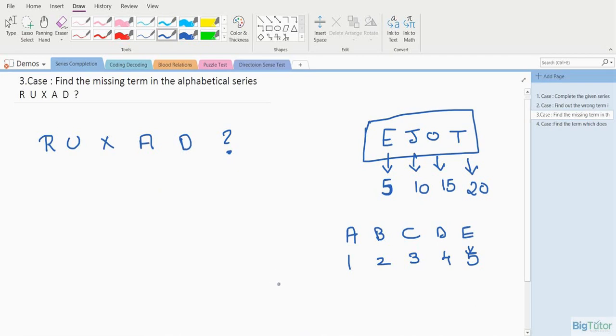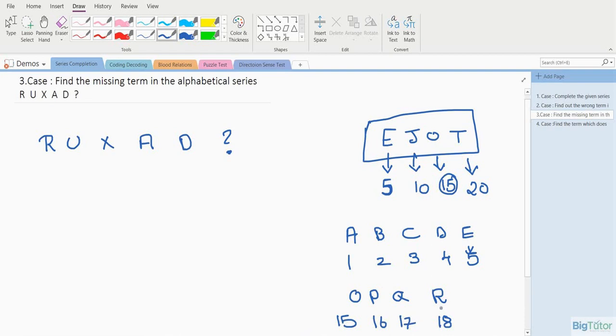Now R. What is the position of R in the alphabetical series? If we start counting from A, it becomes tedious because we have to start all the way from A. Instead of that, we know that R comes after O anyway. So we write O, P, Q, R and start counting from 15. We know O is represented by 15. So 15, 16, 17 and 18.